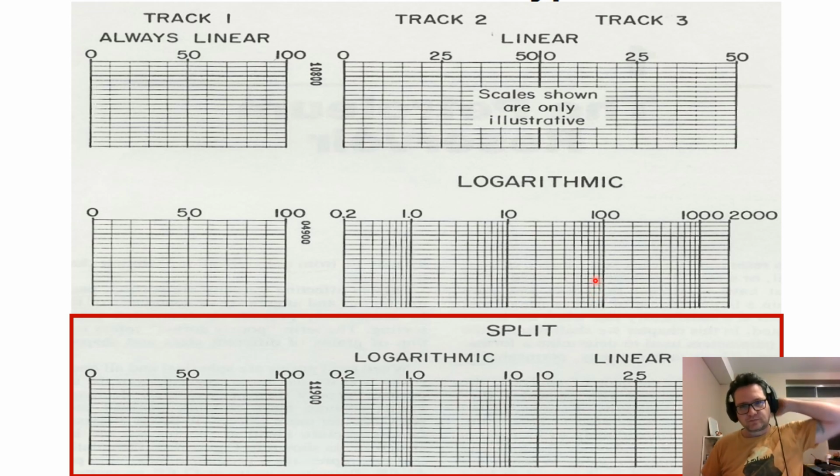We usually have three tracks, and the way we're gonna see it in this course is three tracks, with the first one being linear for SP and gamma ray, the second one logarithmic for the resistivity, and the third one linear for porosity.